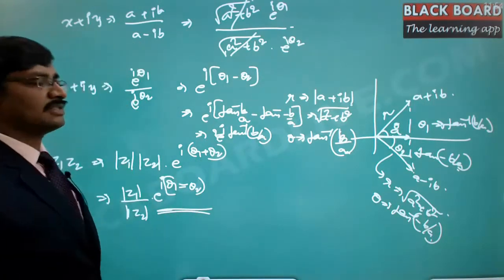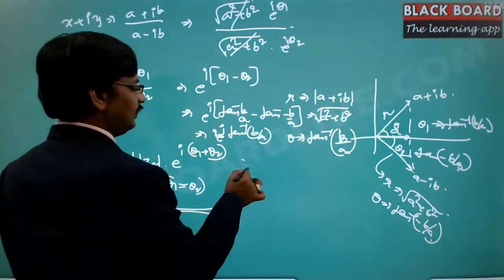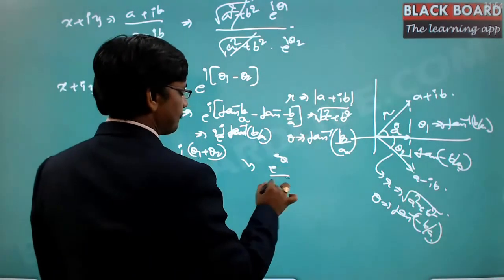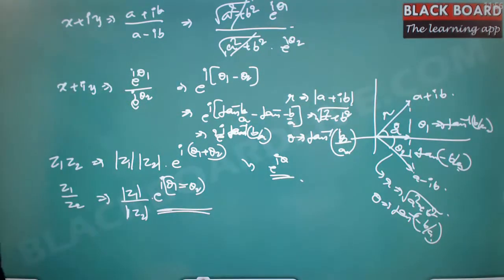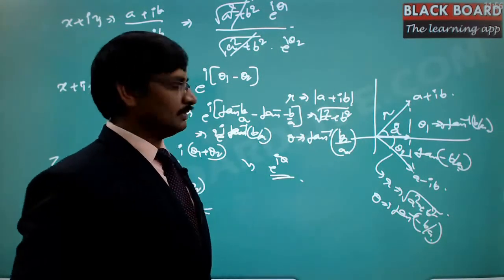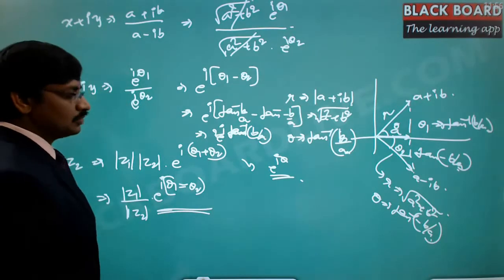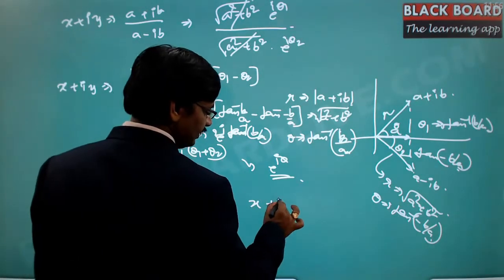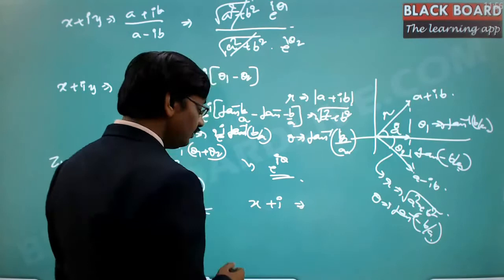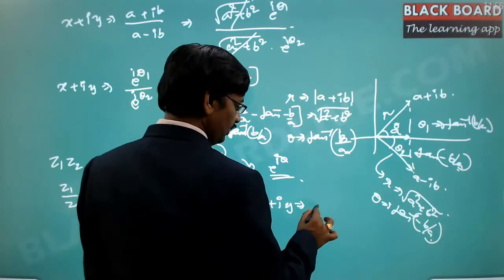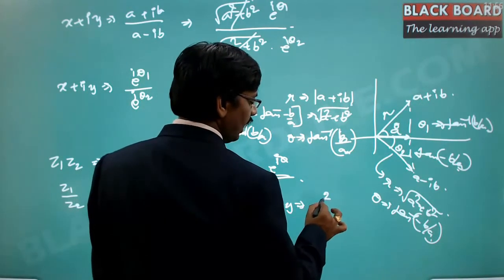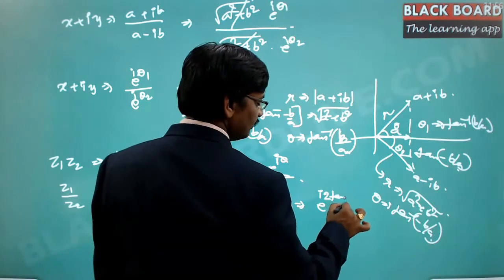I call this simply e power i theta. And then finally we express that x plus iy is equal to e power i times 2 tan inverse of b by a.